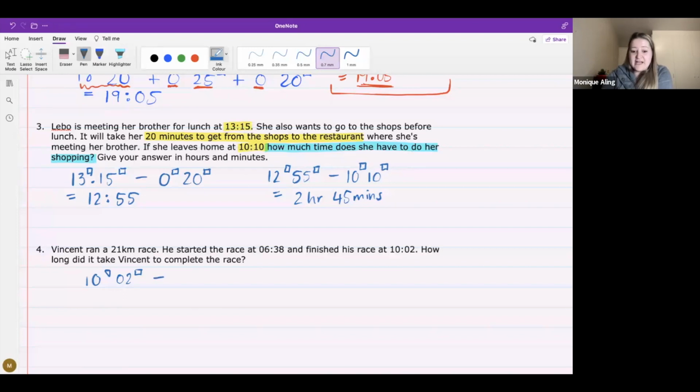So we're taking the end time, minusing the start time, using the time button, which means it took Vincent 3 hours and 24 minutes to complete this race. And looks like you guys all nailed this section as well.